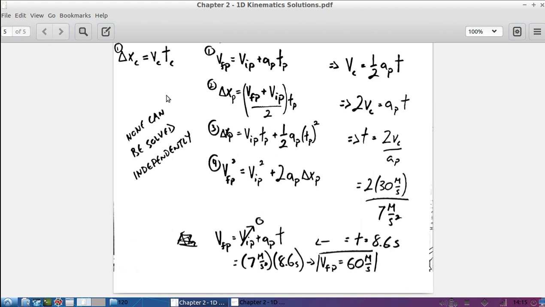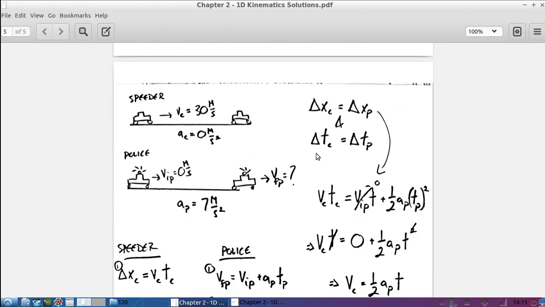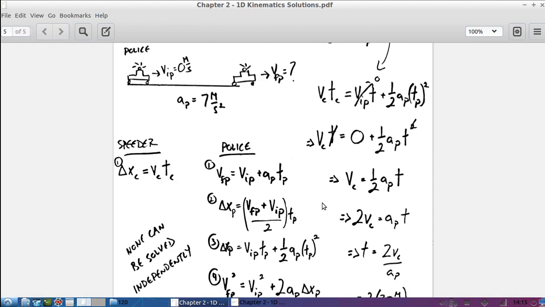Take this 8.6 seconds, plug it in there, multiply it by the constant velocity of the speeder, and you've got both vehicles' displacement. So I actually solved for everything, right? I got the displacement of both cars, I got the time that both cars were traveling, and I got the final velocity of the police car. So I know everything about this problem now.